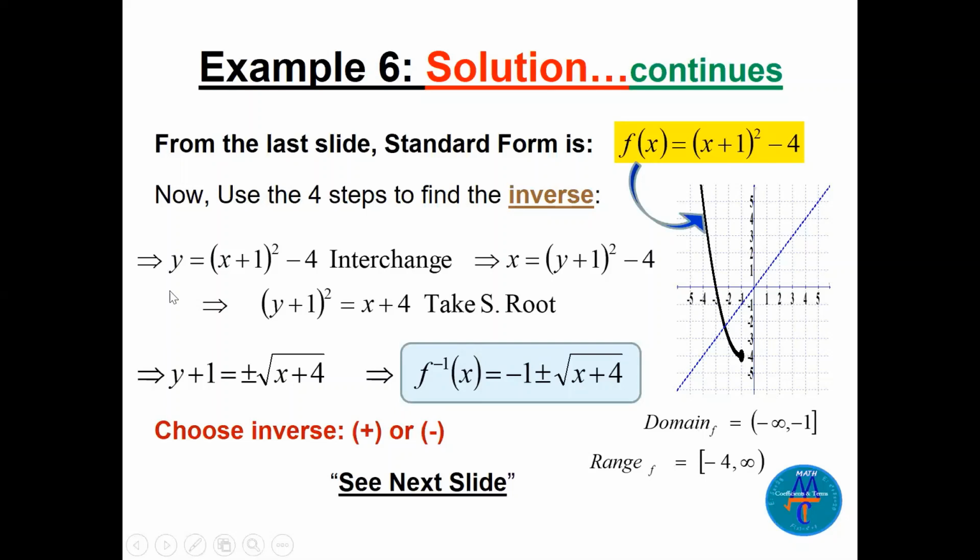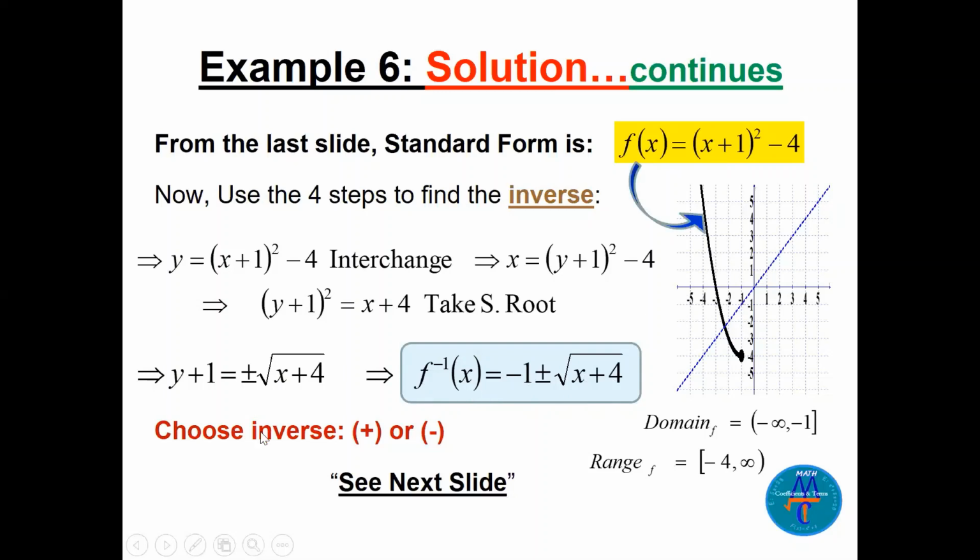Put f of x as y, interchange x and y, and then take the square root of both sides after you take x on the other side there. So it becomes y plus 1 is equal to plus or minus square root of x plus 4. See, here we have two functions for the inverse. We have to choose. We cannot write f inverse of x is equal to -1 plus or minus square root of x plus 4. Only one of them will be the inverse of this black graph.